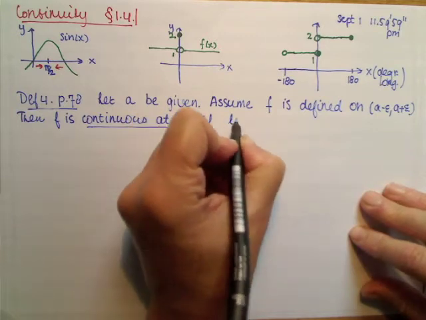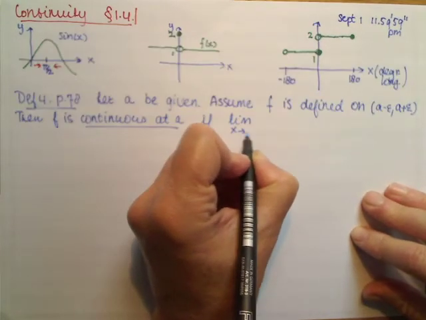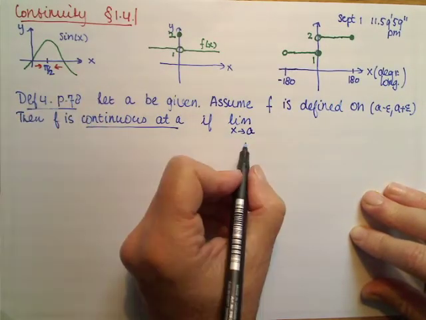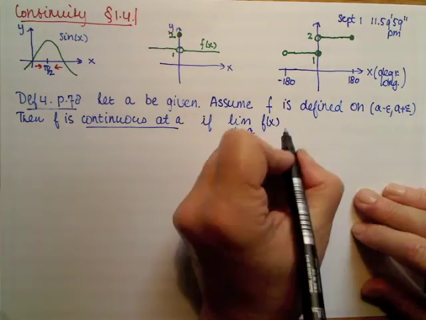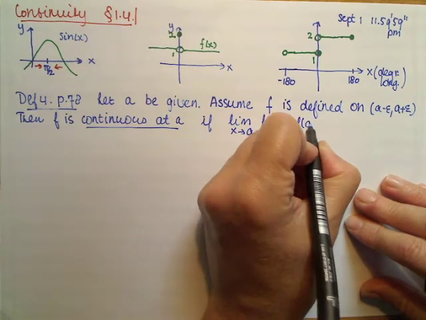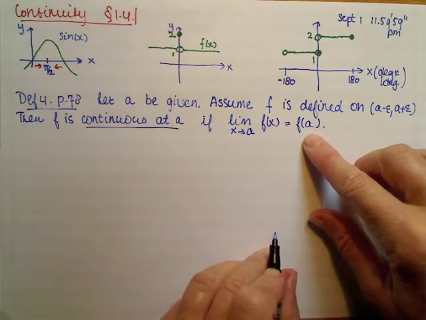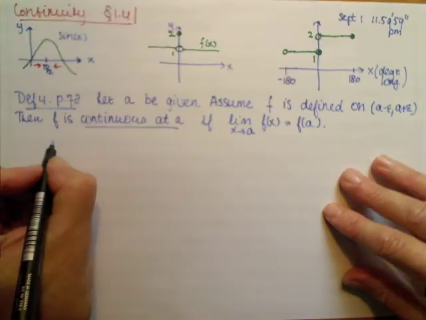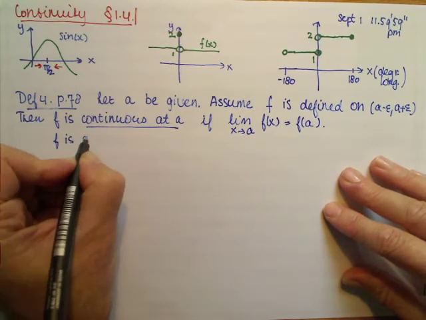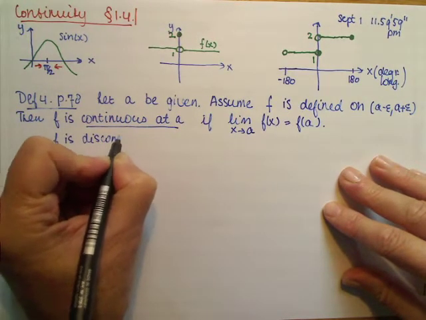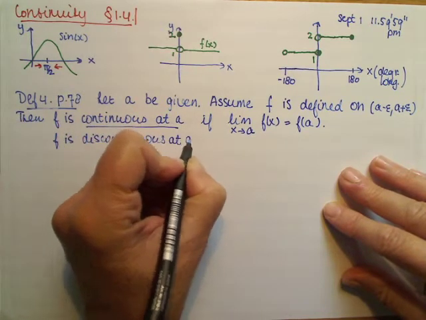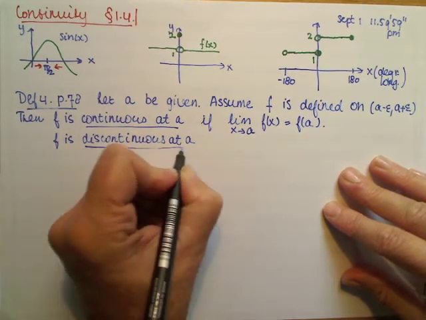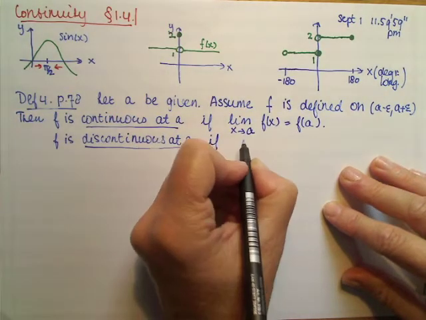If the limit when we walk along the x-axis to this point A, and we look what happens to the function value, then this function value has the limit equal to the value of the function at A. And we call f discontinuous if this is not true. Now, when is it not true? We have to look at the negation of the statement. Well, two cases.